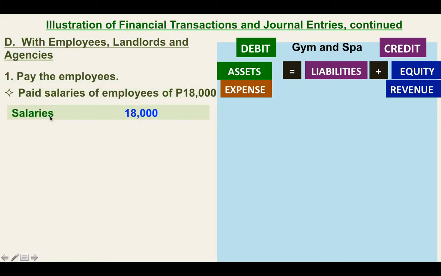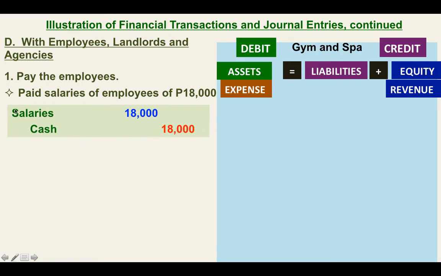Normally you can put here salaries expense or plain salaries, it's basically the same. So we receive the services of employees, that is the salaries, and we gave what when we paid? We gave cash. So we debit salaries and we credit cash.